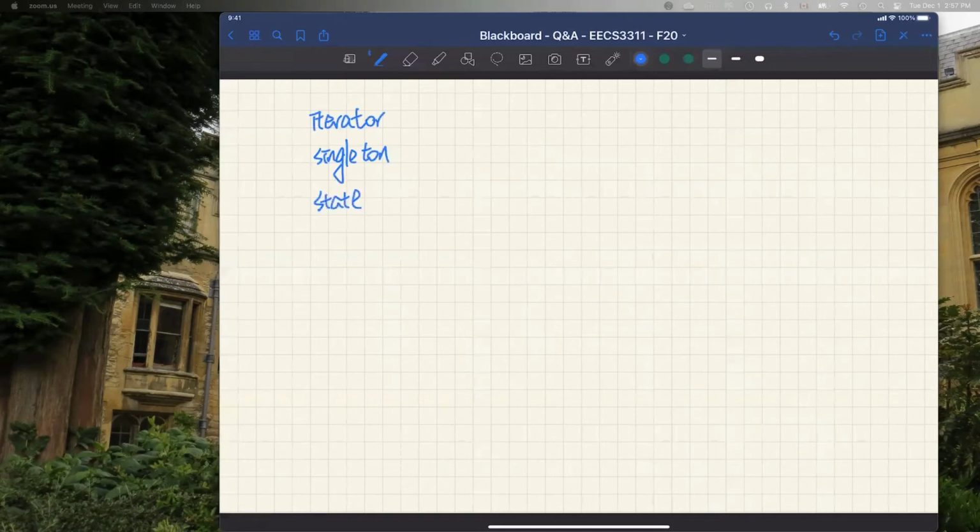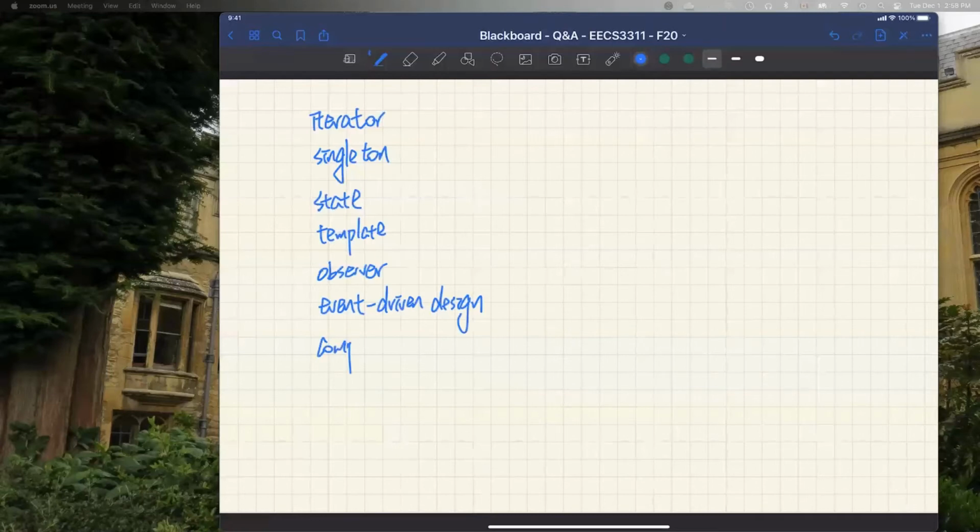State and template, of course, we learned them together, but you should really know that they are two separate design patterns. And then we learned about observer and also event-driven design. After that, we also learned composite. And then we learned about visitor.